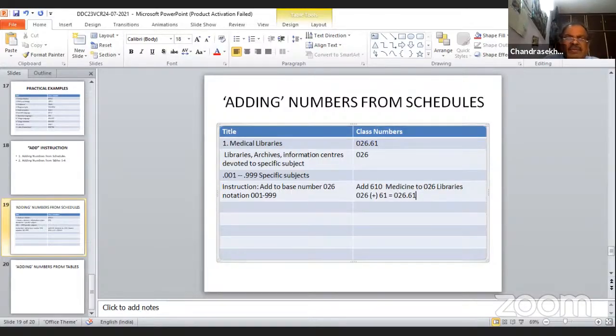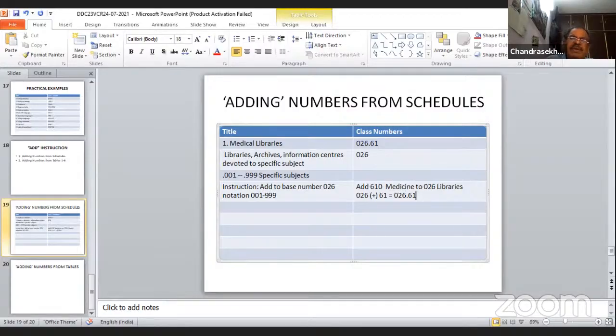Here, if the 0 is at the end, there is no meaning. So in Dewey classification, we omit that 0. So 61 is the base number for medicine. Actually, the number for medicine is 610, but here we take only 61. The last 0 we omit here.